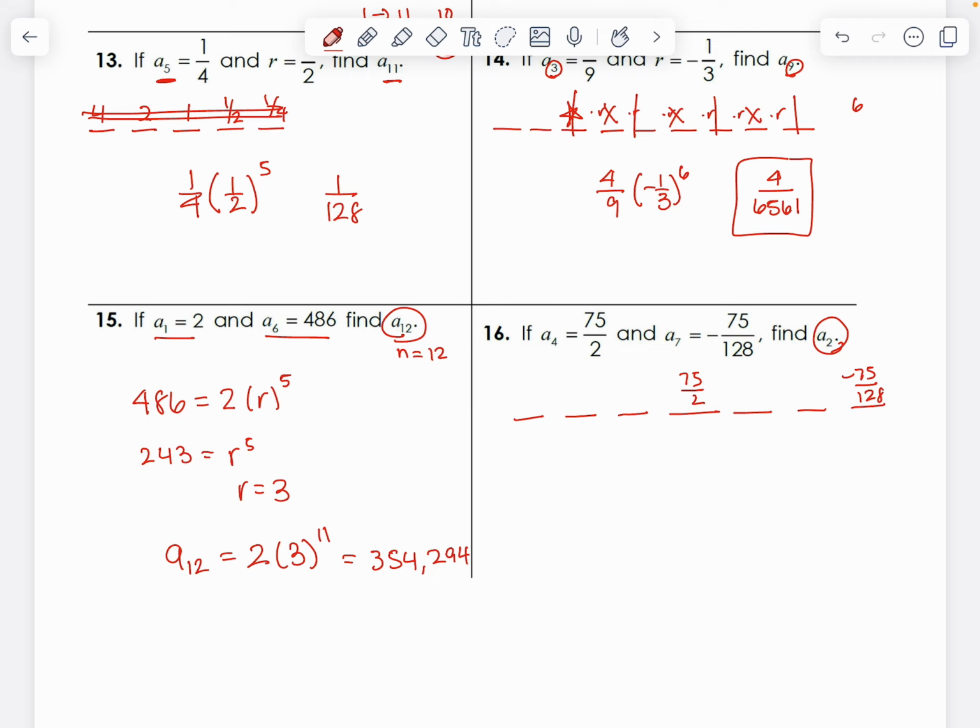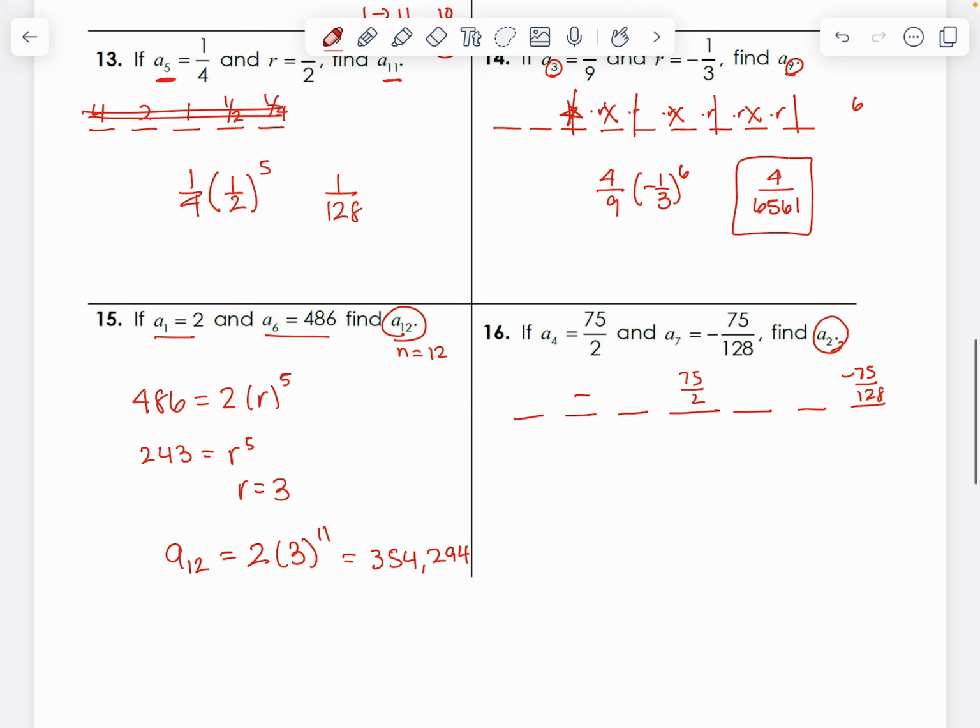First of all, I know that it has to be a negative R value. That seems clear to me because this one would be positive, this one would be positive. So these are negative positions, right? How many R's did it take us to go from 75 halves to negative 75 over 128? Well, it took us 1 R, 2 R, and 3 R. So it took us 3 R's to make that trip.